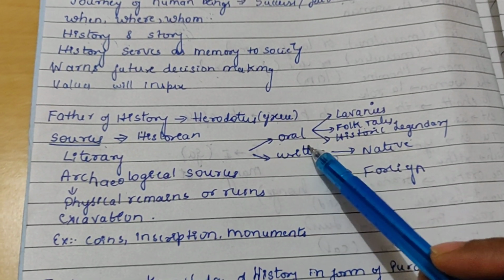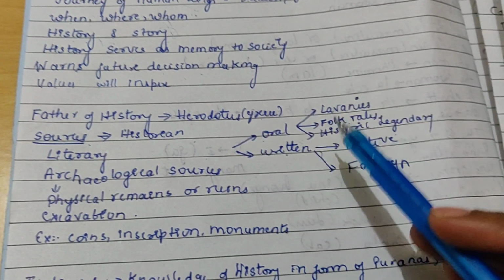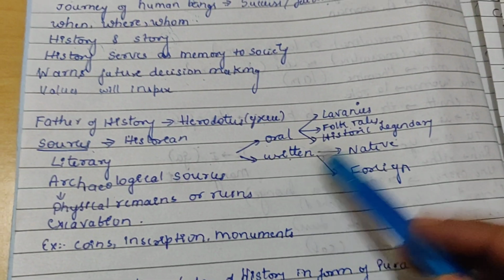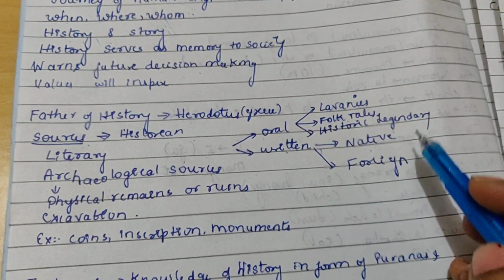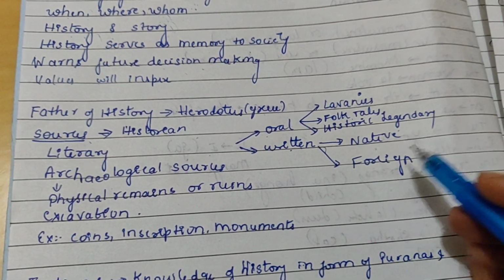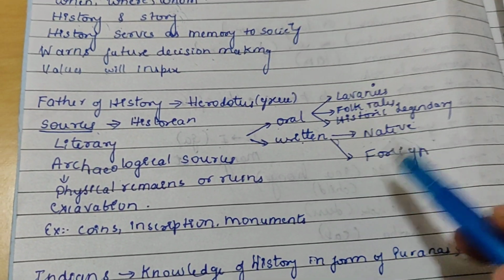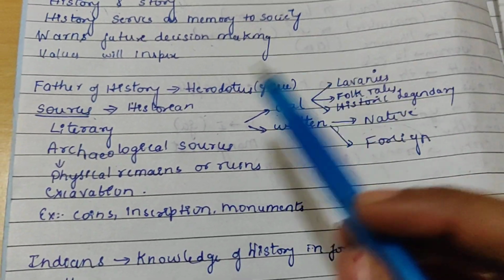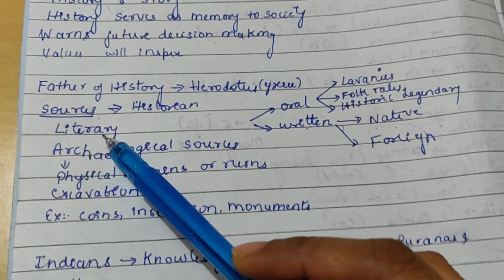And some are written, in the sense that some literary works or books are written. It can be native, that is of that particular country, or some foreign author might have written the history. So that is about the literary sources.